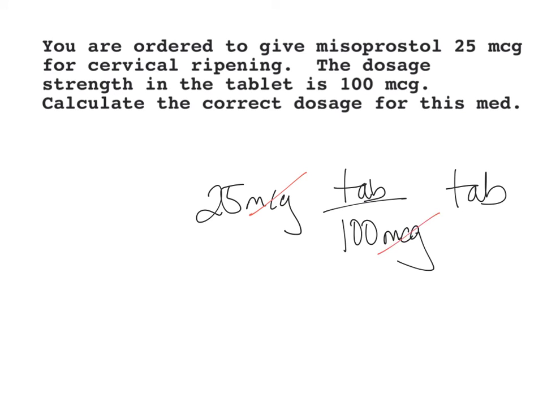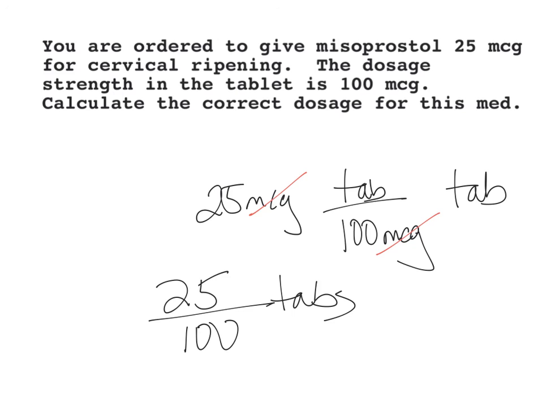Micrograms cancel micrograms, so we have only tablets left. And going across, we have 25 over 100 tabs. Do that division, just make sure you're doing it right. To me, I look at it, I see 1/4. You are going to give 0.25 tabs.